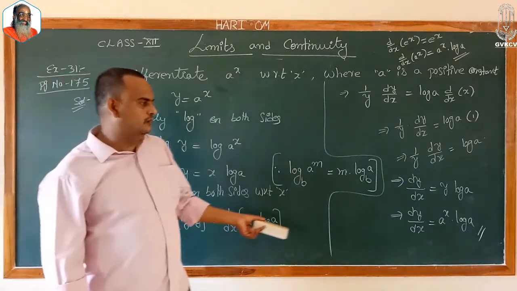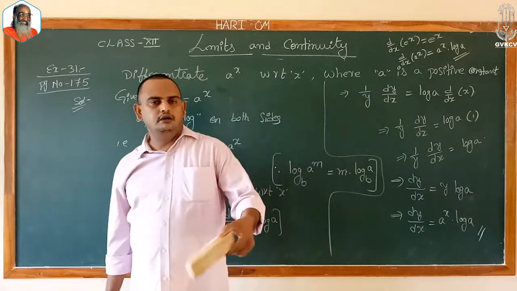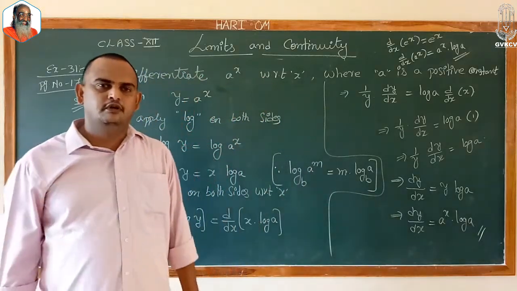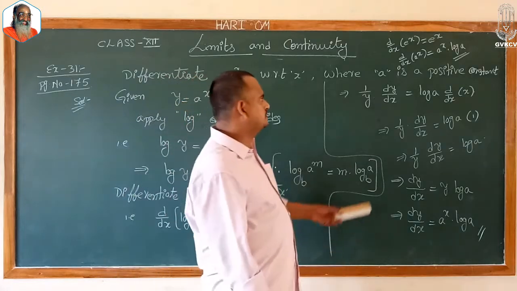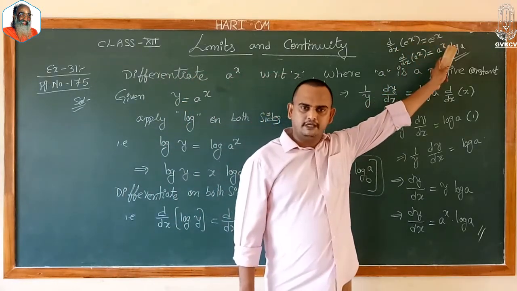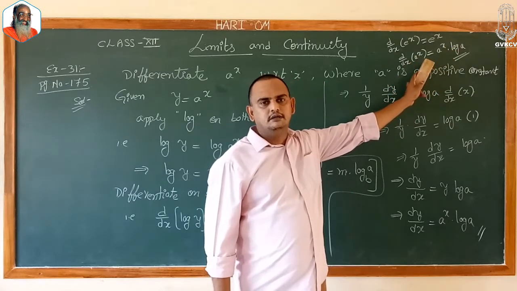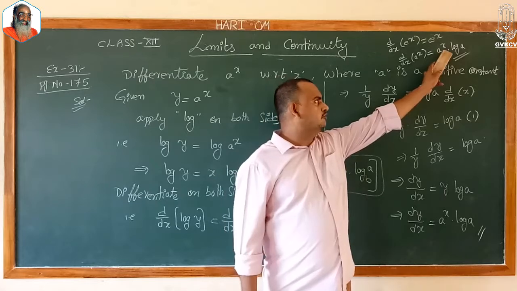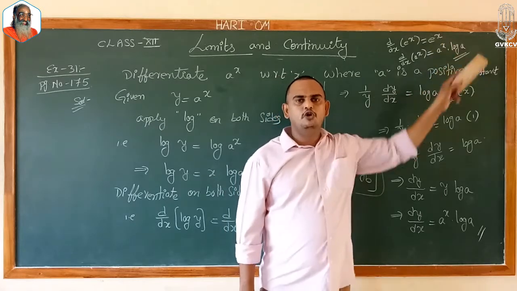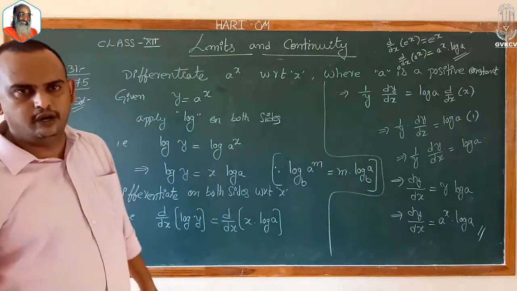We are going to use this as a formula in our further concepts. Wherever we have d by dx of e power x, it is e power x. Wherever we have d by dx of a power x, we are going to use the formula a power x into log a.